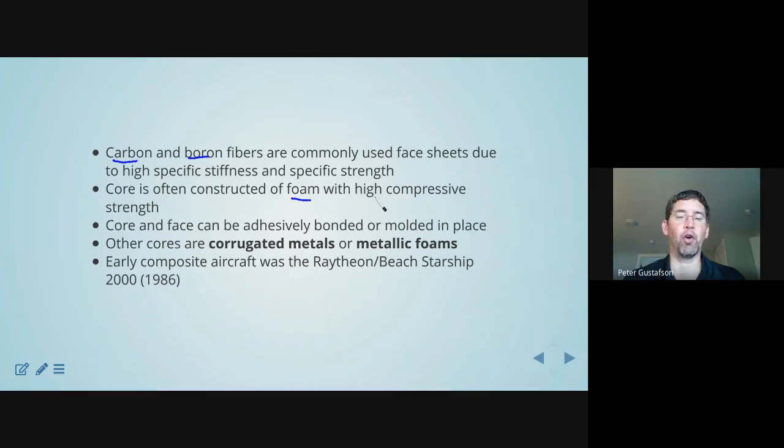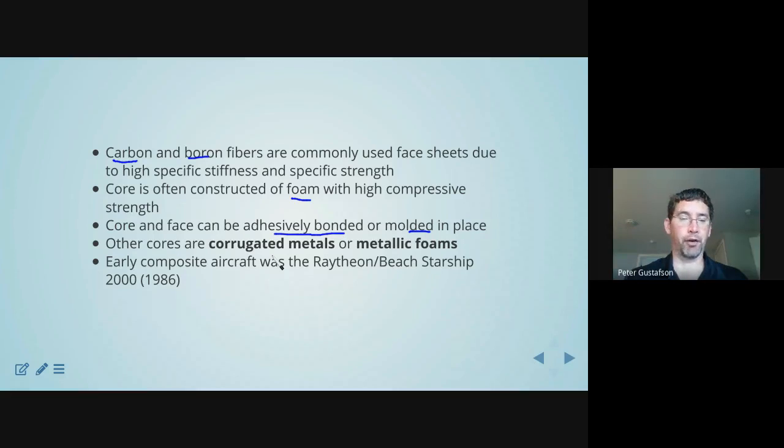You can buy aerospace grade foams, or else you can buy more of these corrugated or hex cell, almost like honeycomb structures that are ultimately the core material. The core and face tend to be adhesively bonded together, although they can be molded in place. You could use corrugated metal in between. You could use metallic foam. Those are probably more commonly used in high temperature applications where the various plastics don't survive as well.